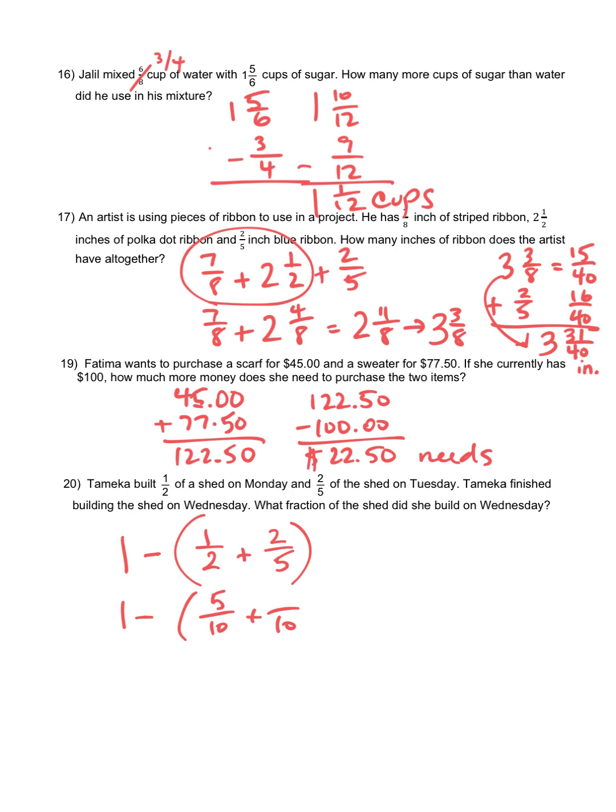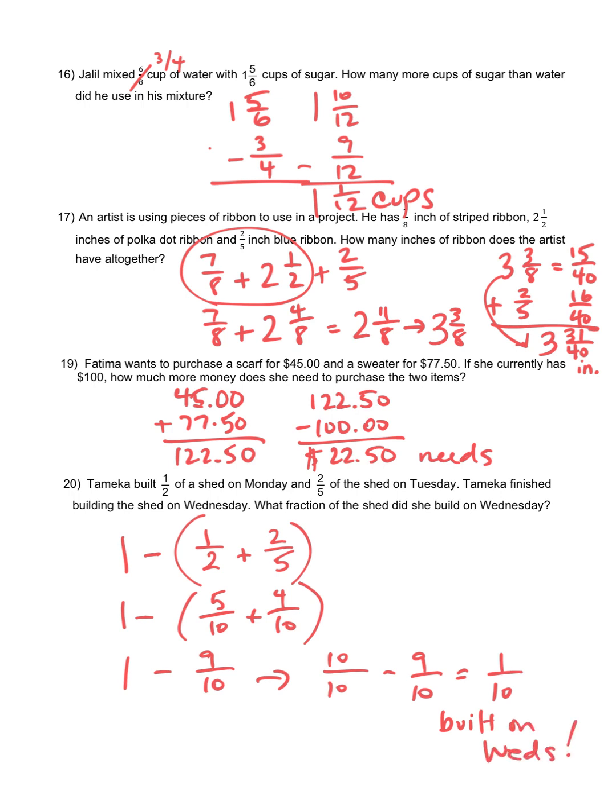So that's 5 tenths and 4 tenths. So 1 whole minus 9 tenths. So think of 10 tenths minus 9 tenths. So 1 tenth was built on Wednesday. And that's our study guide.